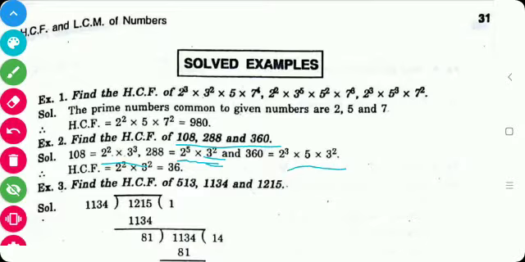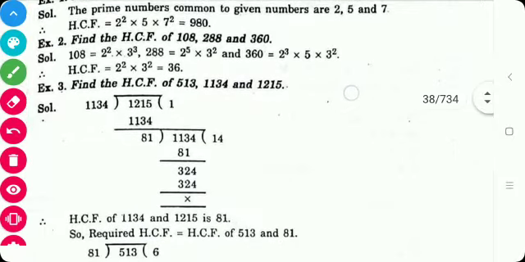All of you know how we take the factors of a number. So we have to take the common prime numbers. Here the common primes are 2 and 3. The least powers of 2 and 3 are 2 square and 3 square. So the HCF is 36.